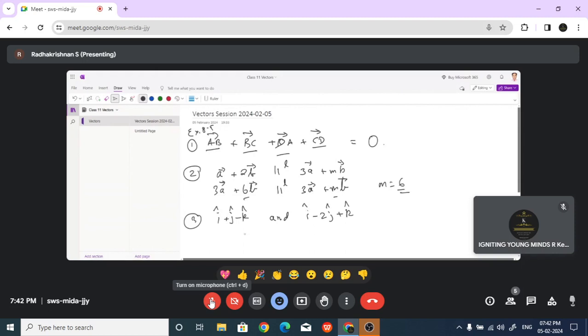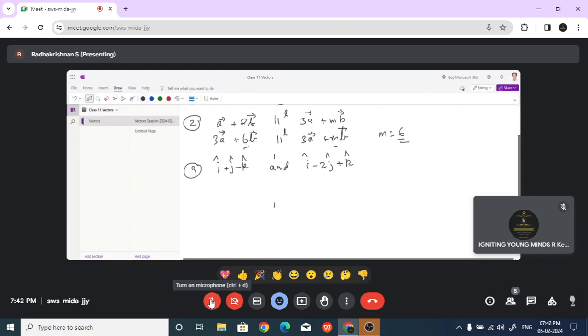What is the resultant? And we need to find a unit vector parallel to the resultant of these two vectors. So what is the meaning of resultant of two vectors? Cross product, sir. No. Resultant of two vectors is simply addition of those two vectors.